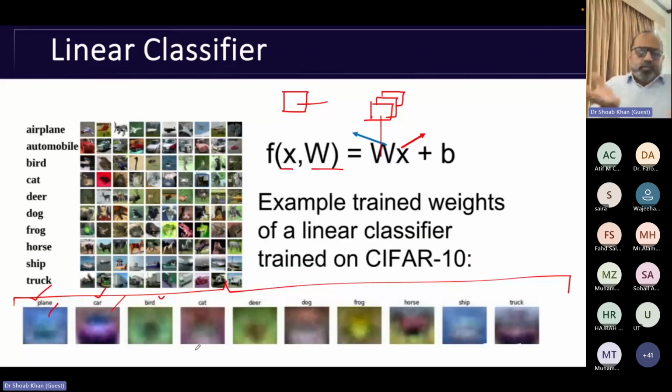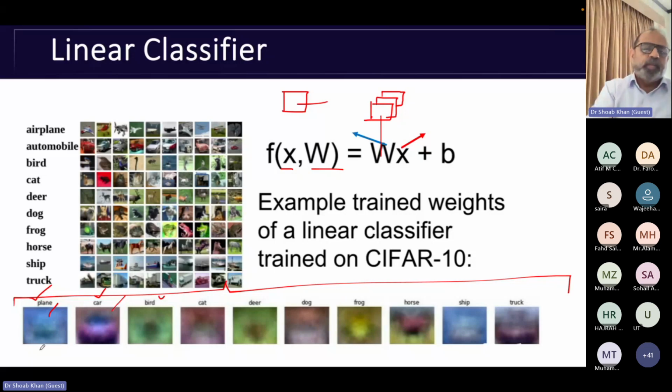You cannot actually figure out any significance of why the plane model looks like this, because this is a model and you are going to multiply the image with all of these. You just have these multiplications and also use a bias.